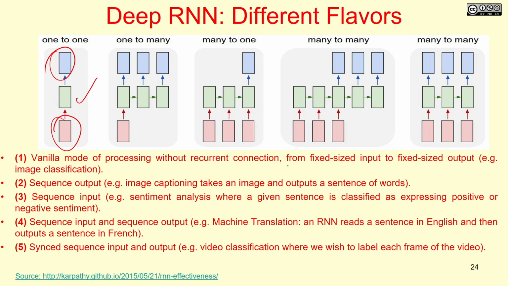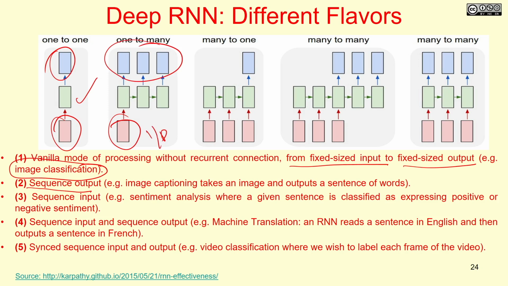It has a fixed size input to a fixed size output, so in general it is used for image classification. But there is a second flavor, which accepts one input and gives many outputs, that is, the input is fixed but the output is a sequence.